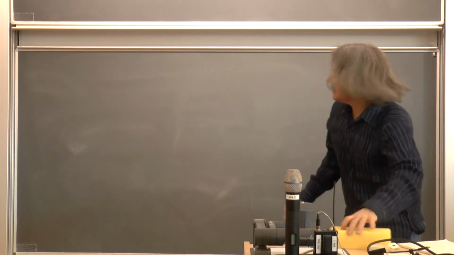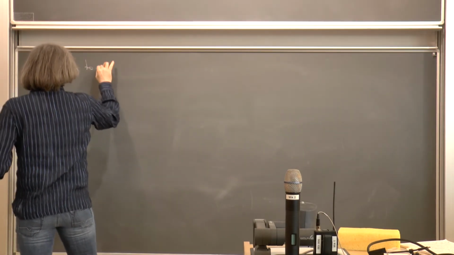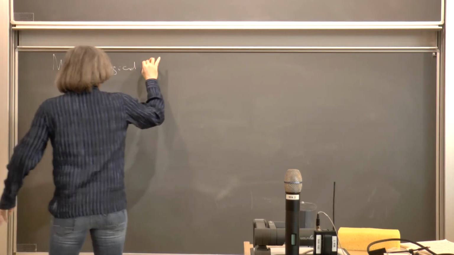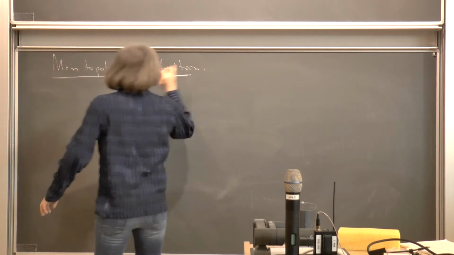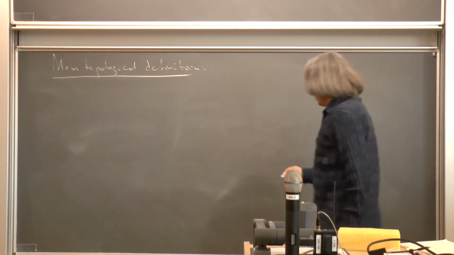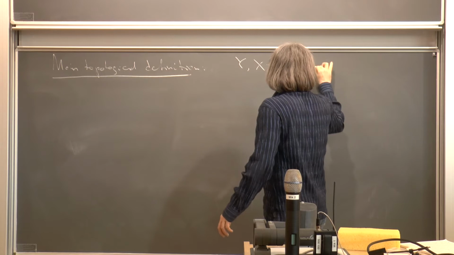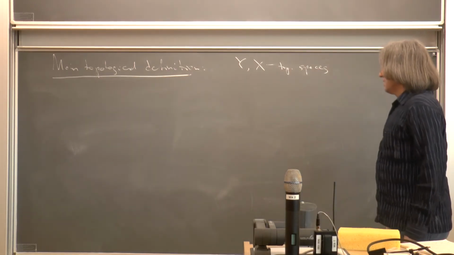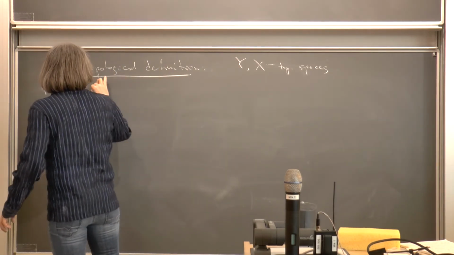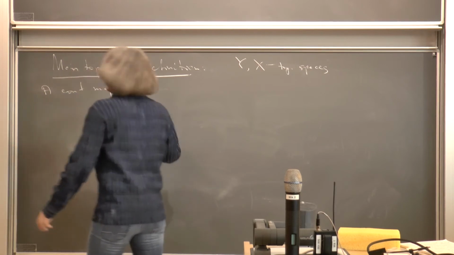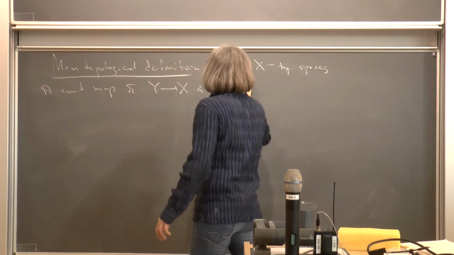So the main topological definition for today. We have two topological spaces, Y and X. A continuous map phi from Y to X is a covering.